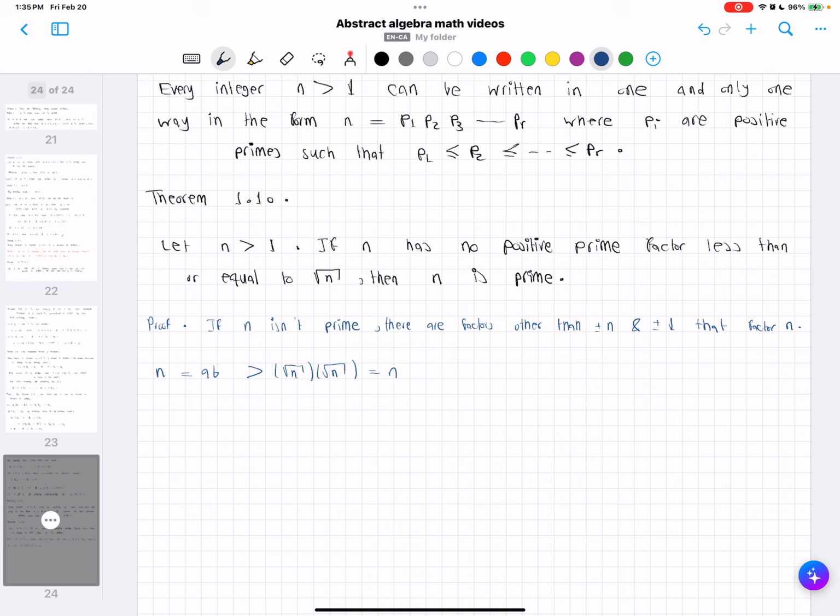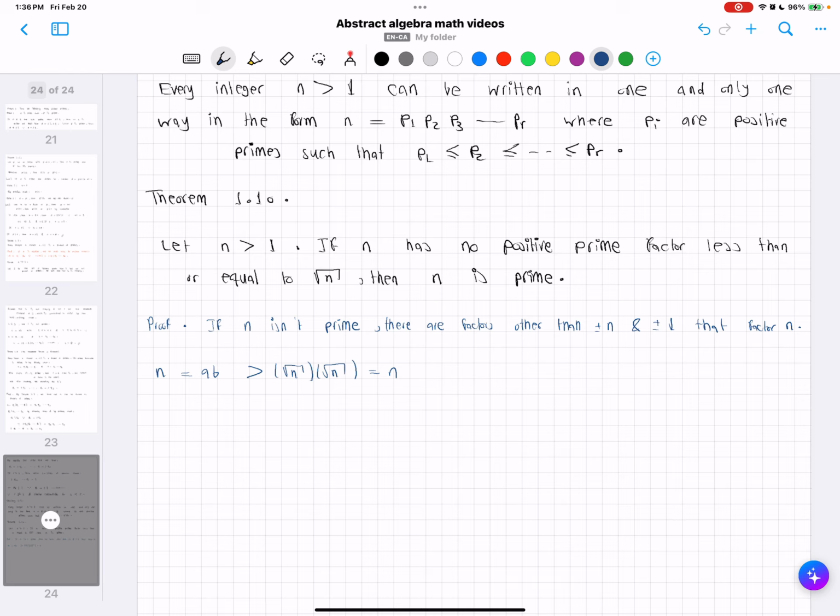And the reason is just because of the assumption that you had started out with, which is that n has no positive prime factors less than or equal to the square root of n.